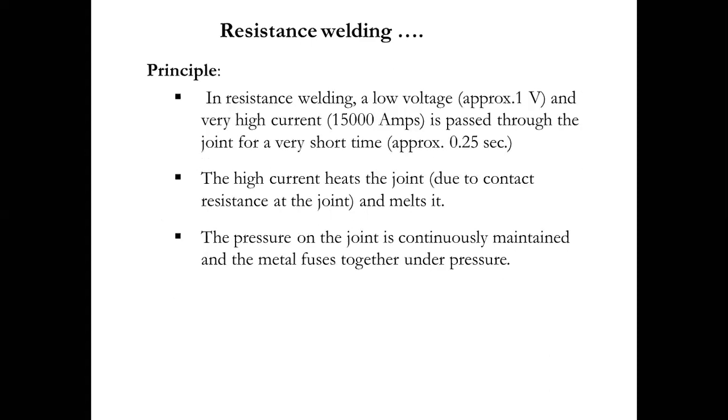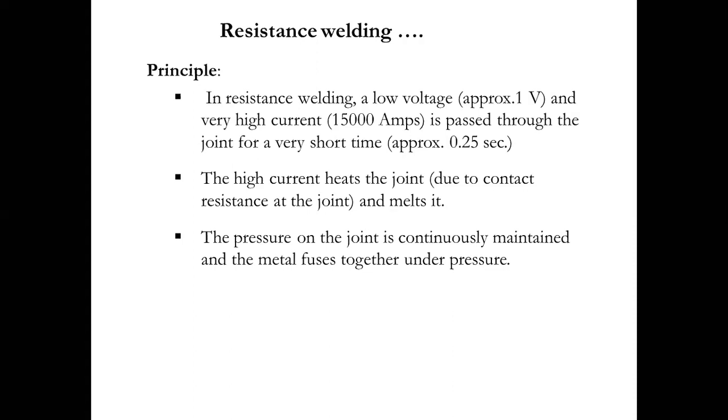Okay, then the next comes the principle, right? In resistance welding, a low voltage and a high current is passed for a very short time, right? This time will always be around 0.5 seconds. In your college, when you were doing the experiment, I asked you to count 10 in your mind and then apply pressure on the lever, right?